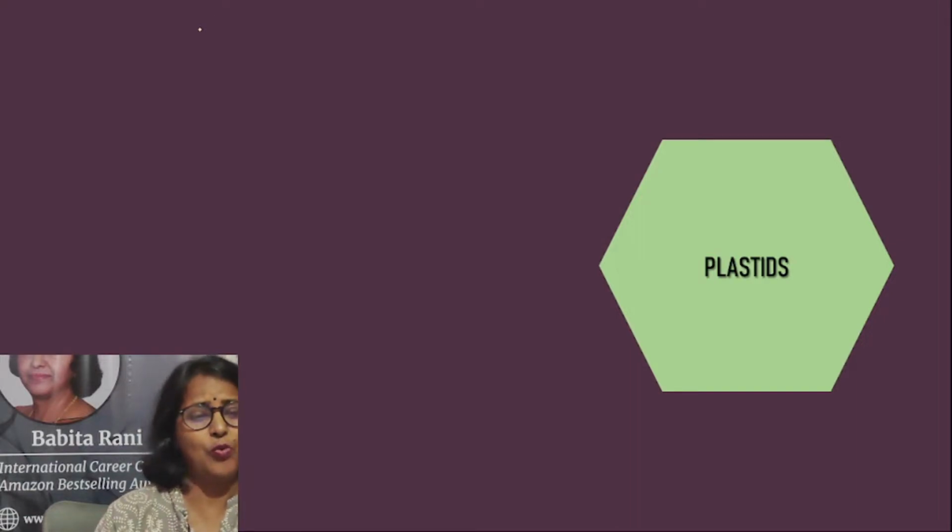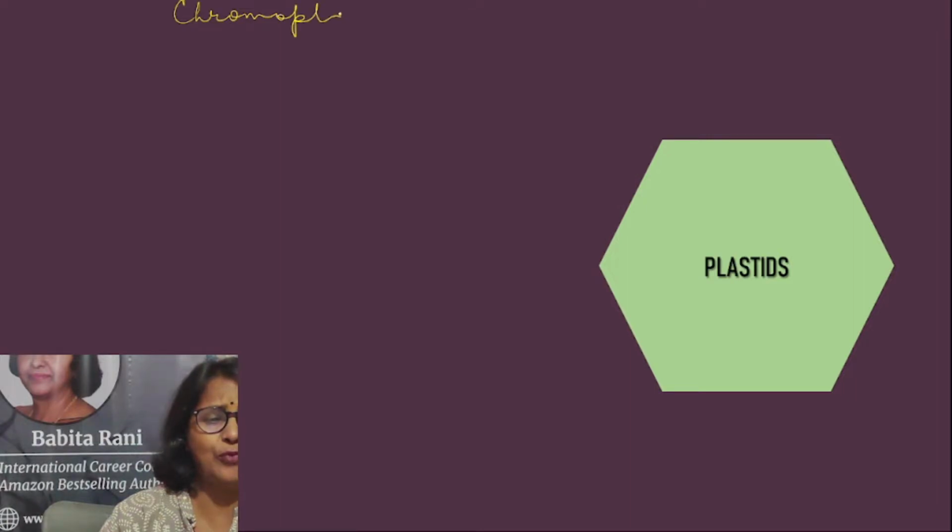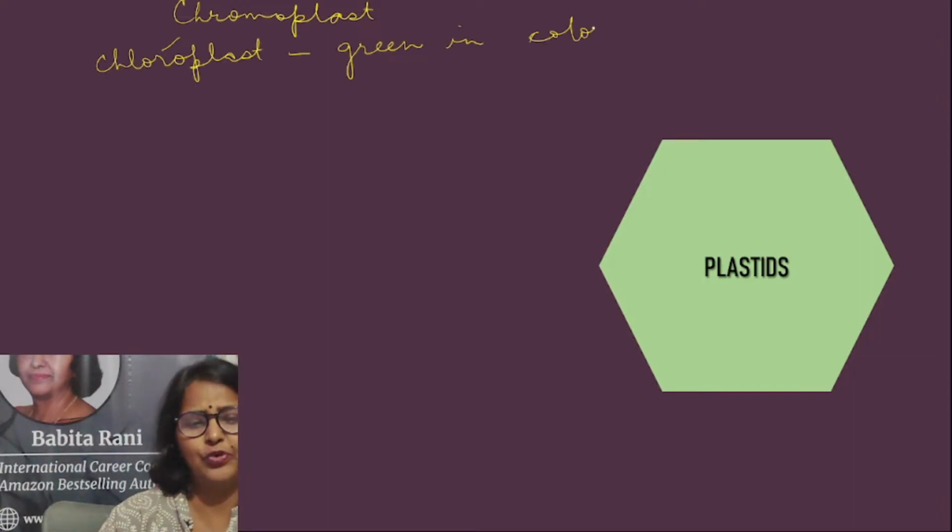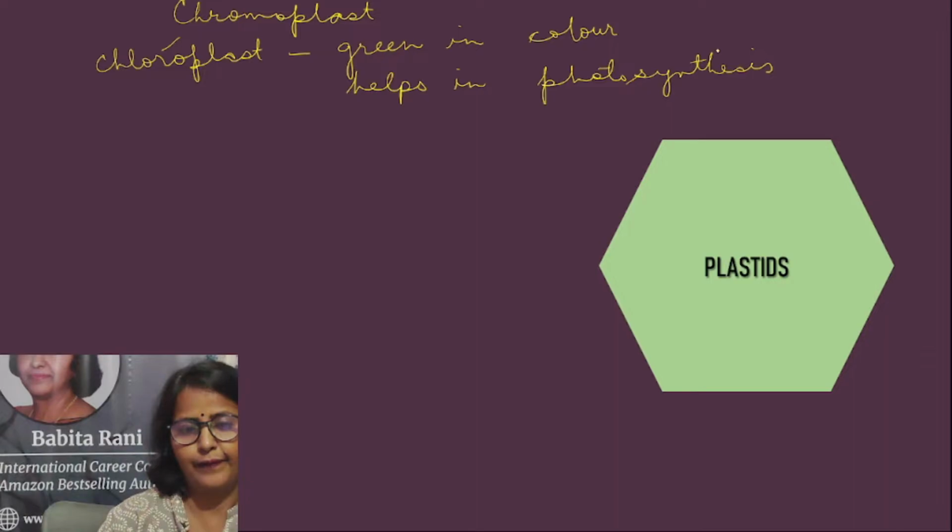Next is chromoplast. The most common type of chromoplast is the chloroplast, which is green in color and it helps in photosynthesis. These are colored plastids.